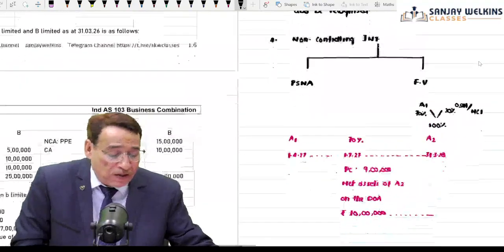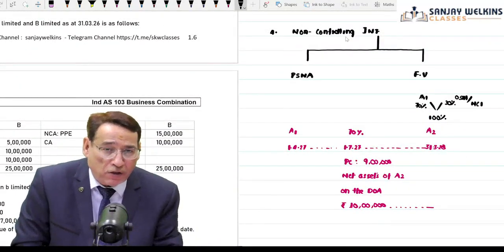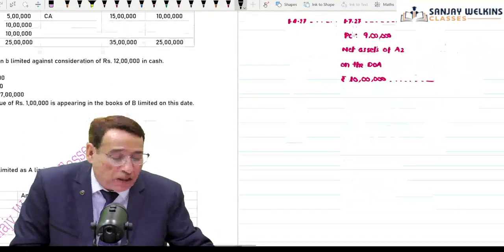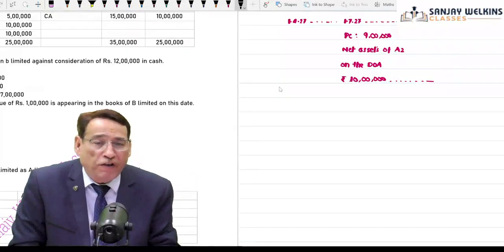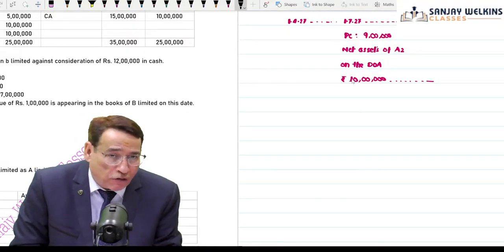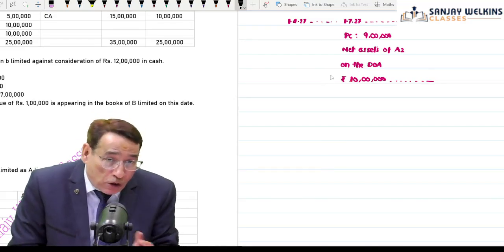Now, when the standard says that the acquirer entity will have to reflect the non-controlling interest on the date of acquisition, what does it mean? It means we need to reflect what amount of the net assets of the acquiring entity on the date of acquisition belongs to NCI.